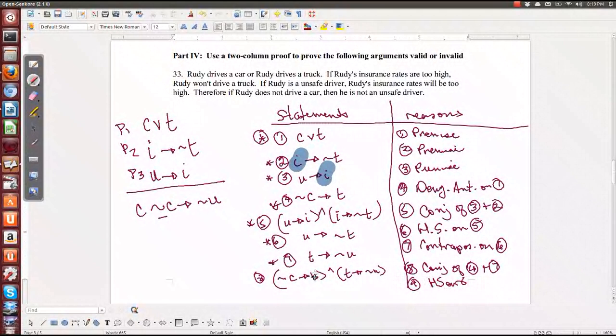And that's going to get rid of my middleman here. It's going to get rid of T, giving me negation C conditional negation U, which is exactly what I wanted. So this is a valid argument.